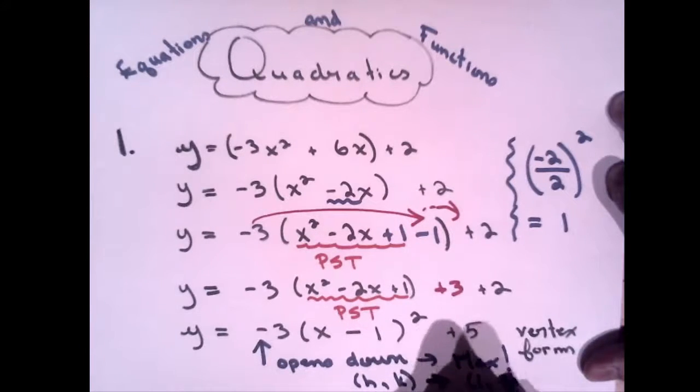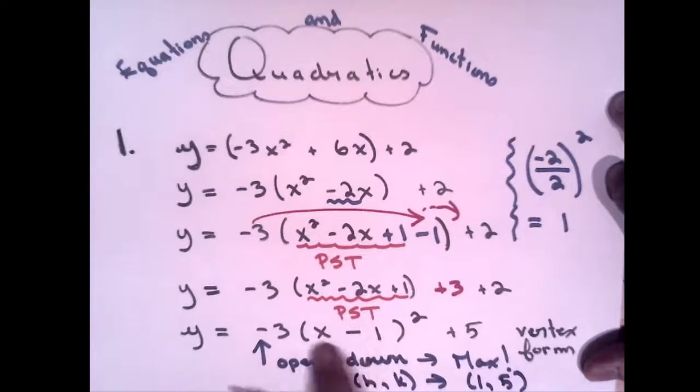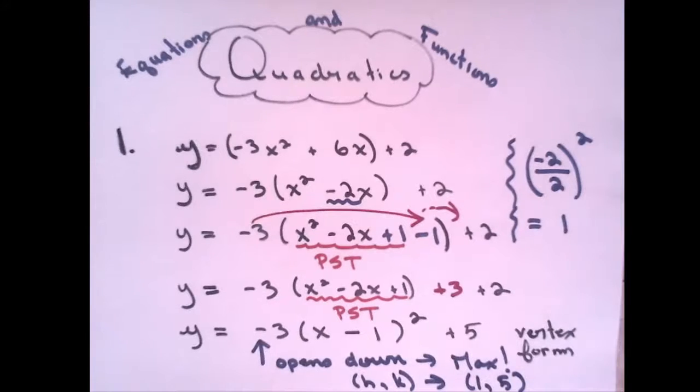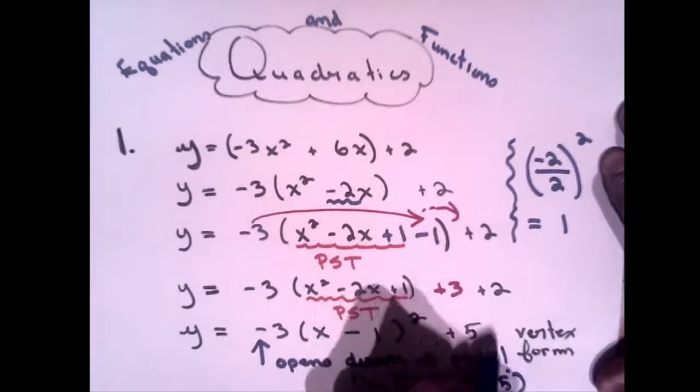Okay? We talked about how the x in here, whatever's working with the x, lies to you. So that's why it's +1. And then outside here is the k value, and it doesn't lie to you. It's just actually 5. Now, when they say state the maximum or minimum value of the function, well, the maximum value of the function is 5. Okay?